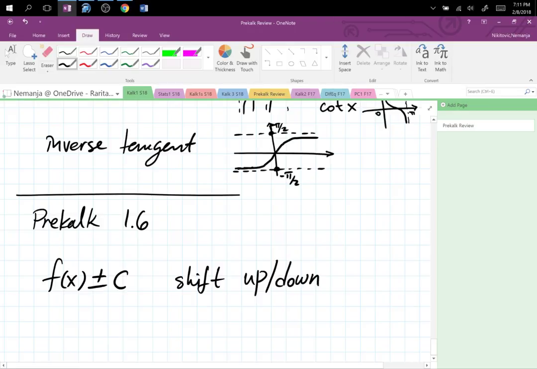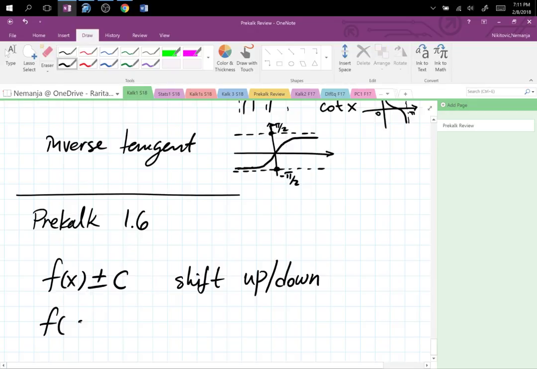At this point, it doesn't matter what function you have. When you have plus 2 added to the entire function, the function simply goes 2 units up. So I don't care if it's a square root, if it's e to the x, whatever you have, it's going to go 2 units up if it's your function plus 2 at the end.